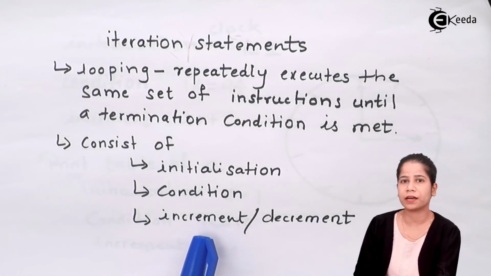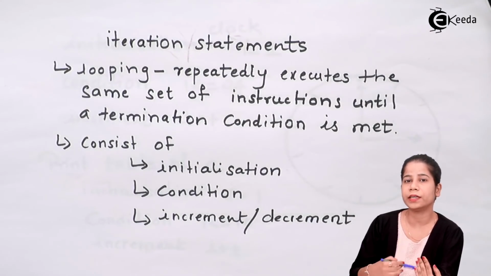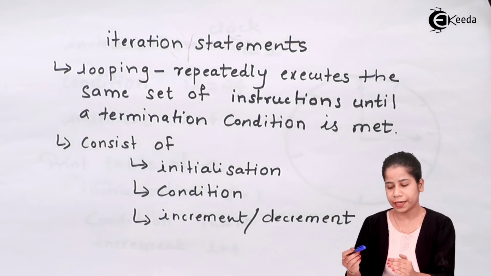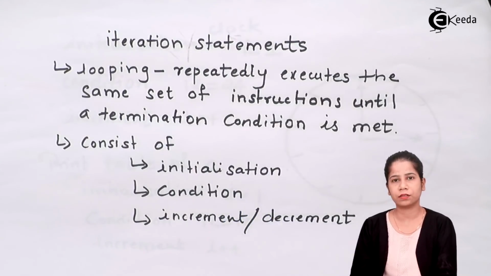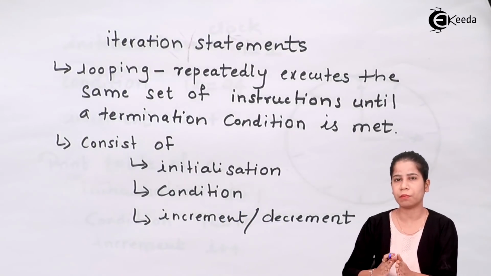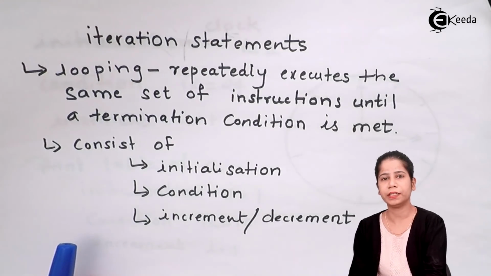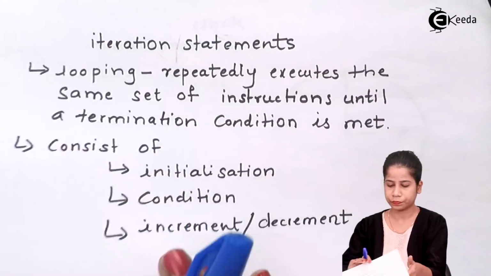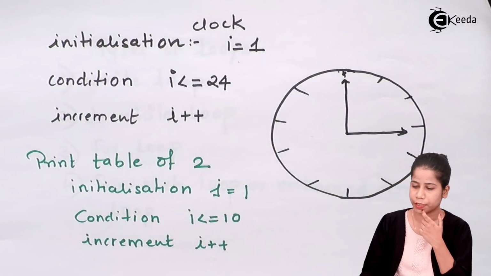They allow me to increment my counter or decrement my counter, so that finally I can meet the condition and my task will get performed the required number of times. So let's see how many such statements Java has given us. I can give some example before moving to the statements.